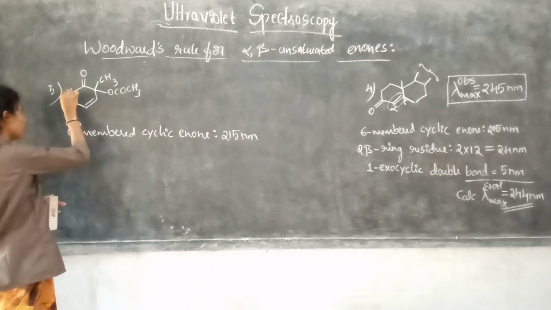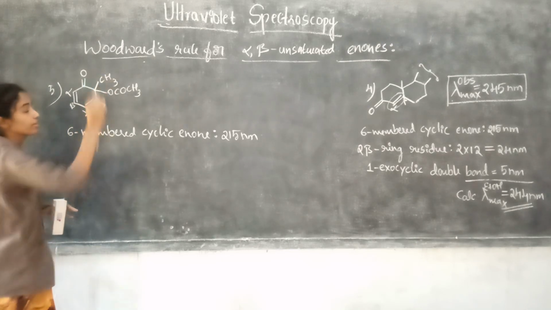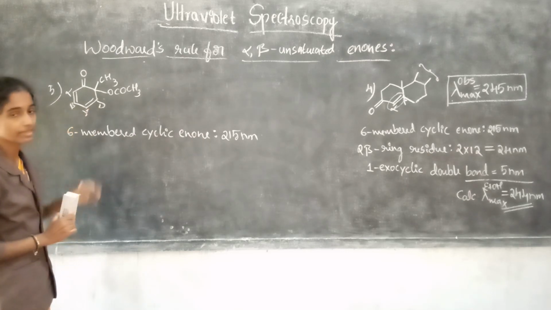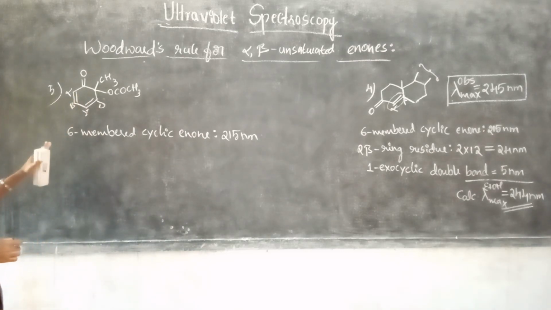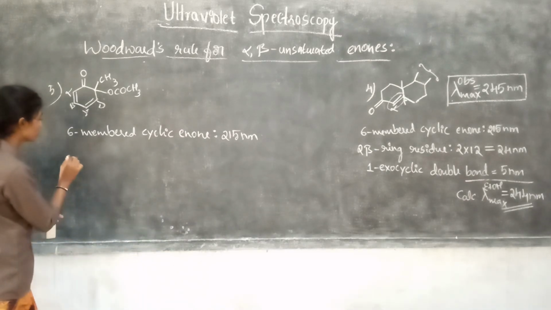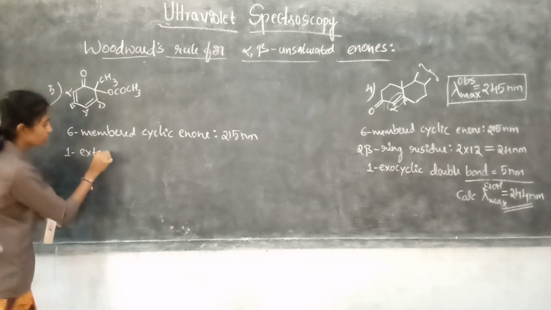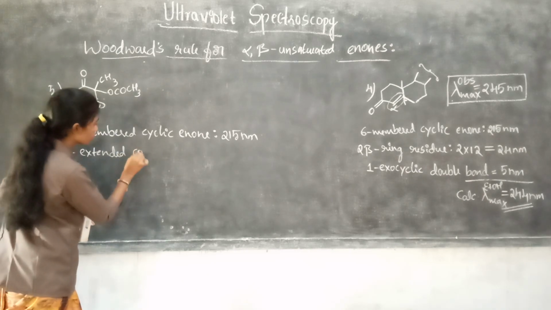Here we have alpha, beta, gamma and delta carbons. Gamma and delta represent the presence of one extended conjugation.